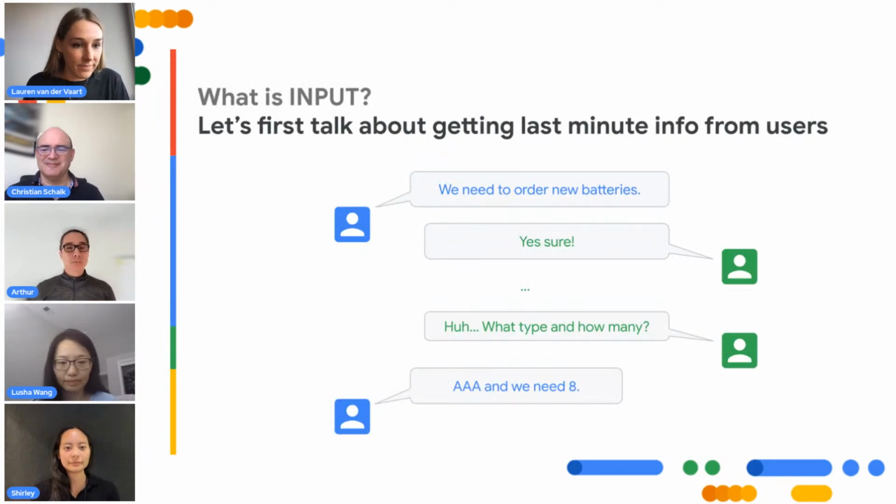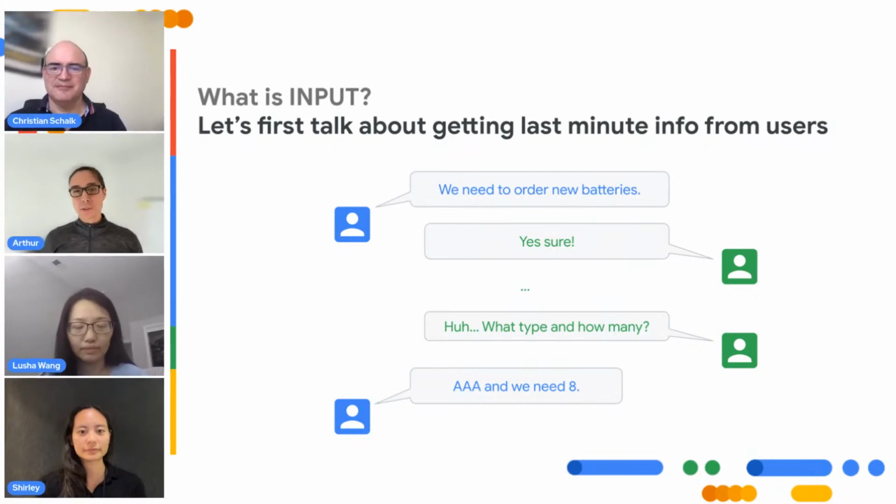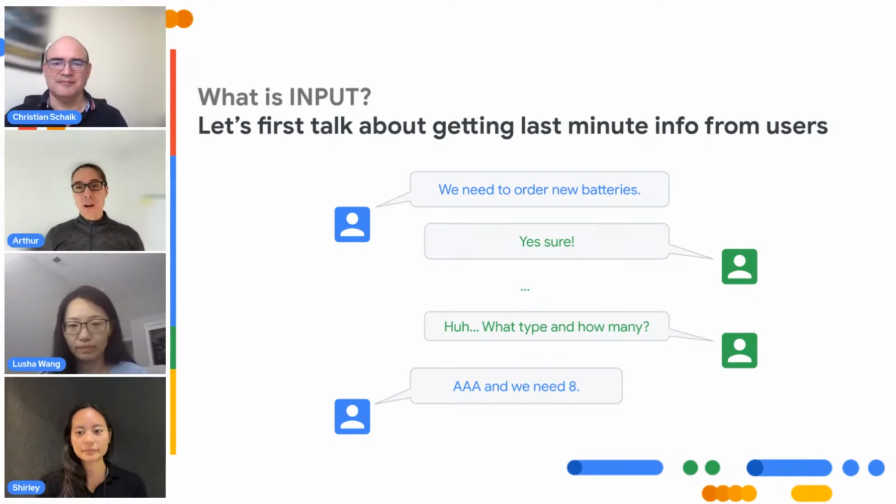Hi, everyone. Before we go into all of the updates that we have about the input functionality, I want to talk a little bit about the functionality itself, because I know some of you mentioned you'd like to have a better understanding of what this feature does. We'll have different milestones for our talk today.